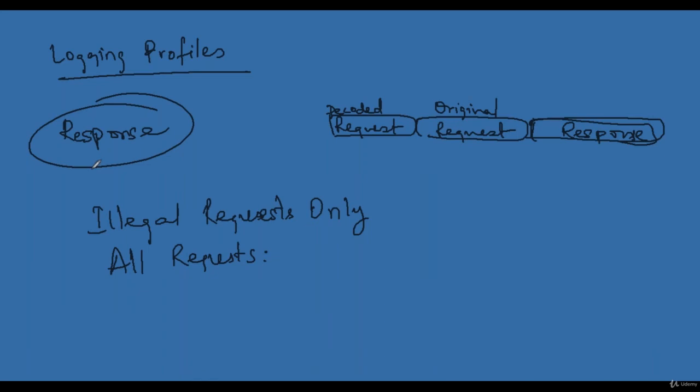When you are creating a specific response logging profile, these are the two options which are available: illegal requests only, or for all requests you want the response to be logged. And within this profile itself, you have the option to define whether the data will get stored locally or remotely.